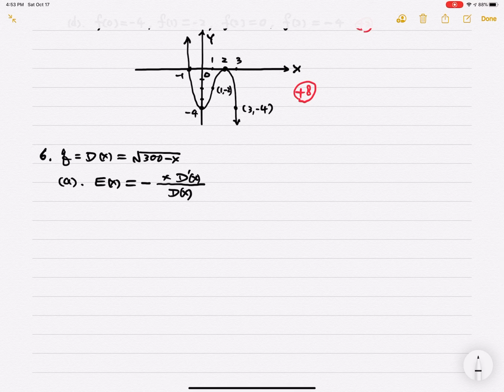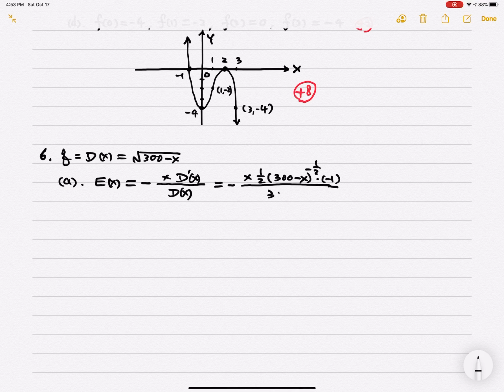How about I just write one row, because usually we write math vertical. If you want to save some space, so we say x, you calculate the derivative: 1/2 times 300 minus x to the negative half times negative 1. Remember the chain rule, you need to calculate the derivative of 300 minus x.